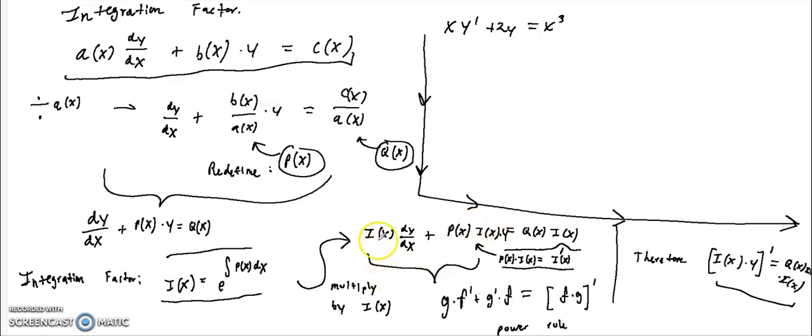But one thing I should point out is we have this general equation, and when we multiply I of x throughout, we actually end up getting something of the form of the power rule, where g is just I of x times f prime, and f is y, and the derivative of y is dy dx, plus p of x times I of x actually turns out to just be I prime of x times y, which is f.